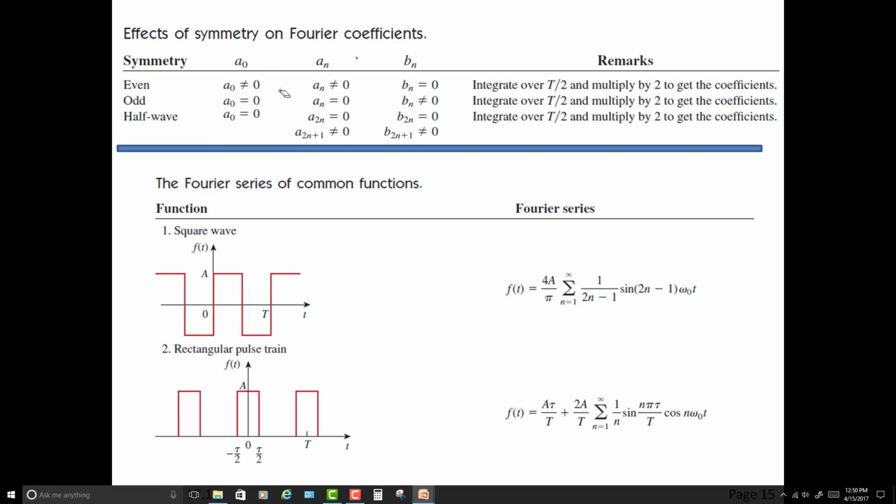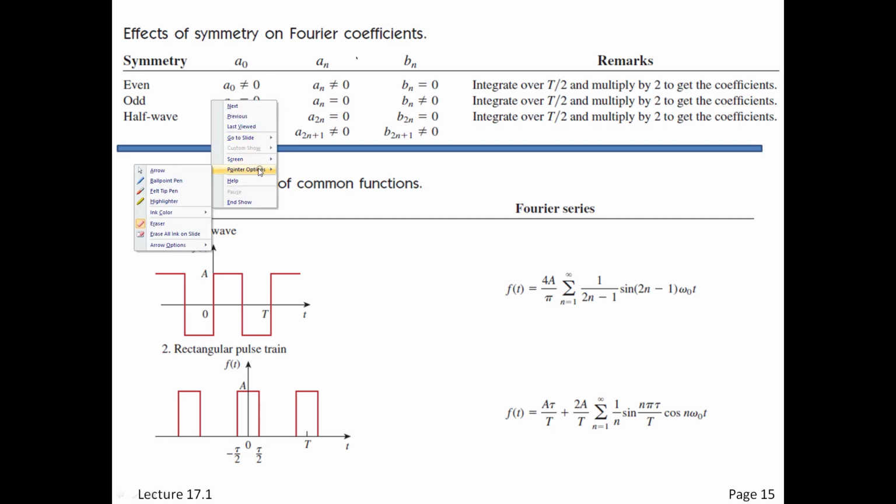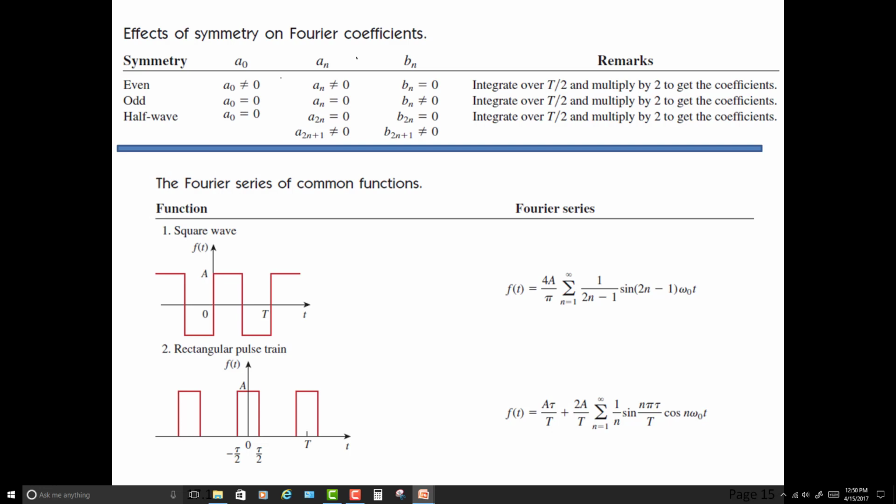Saying this backwards. Here there's odd and half wave. There's no DC. Okay. In even symmetry, there is DC. There definitely is DC. We saw that. We derived it, for goodness sake.